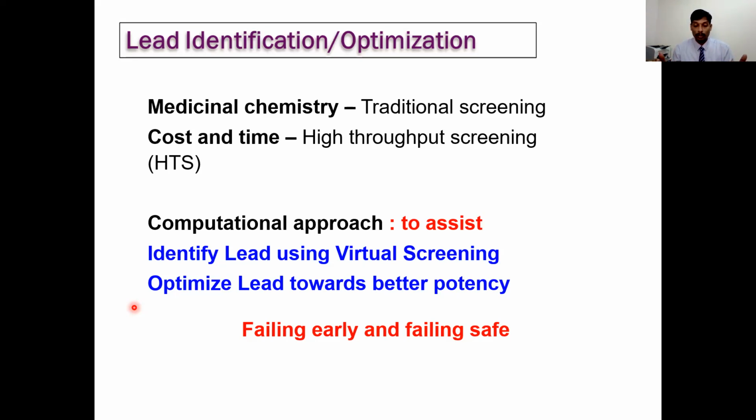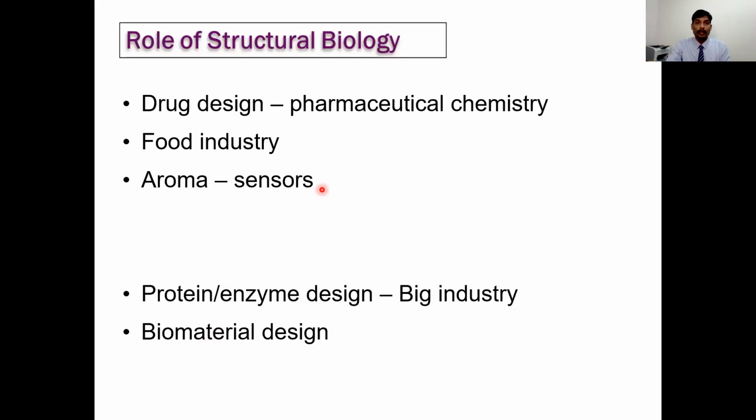For example, when you start with 10,000 ligand molecules, maybe in vitro you may end up with 100 of them binding. But if you do the in silico, instead of 100, you may get 300 or 500, but still that is fine. You can save a lot of time and cost. And failing early is failing safe, isn't it? And structural biology can play a role in other areas than drug designing; it also plays a role in the food industry.